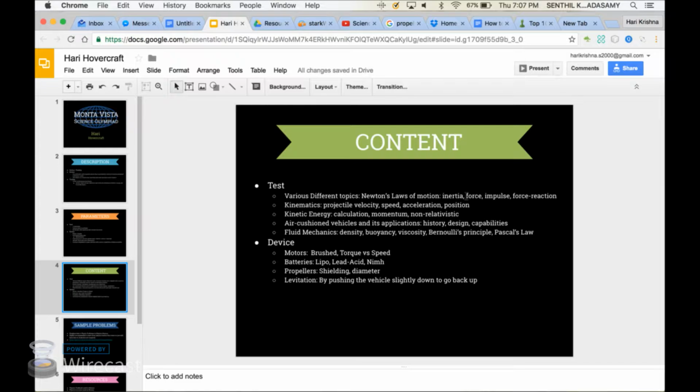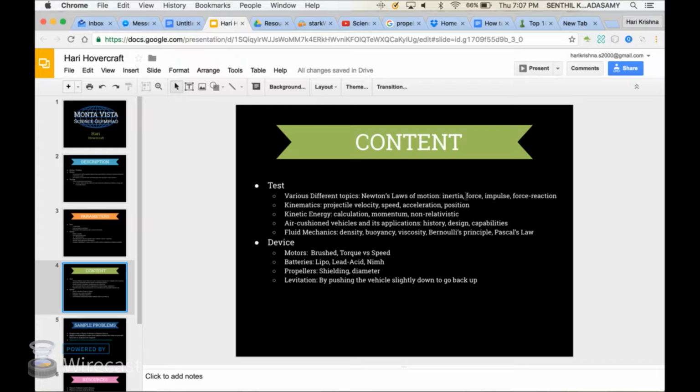Impulse is related to momentum, so your mass and your velocity will relate to how your impulse is. And force reaction is basically if two forces collide, which force will win, or if one force collides, what will the opposite and equal force be?